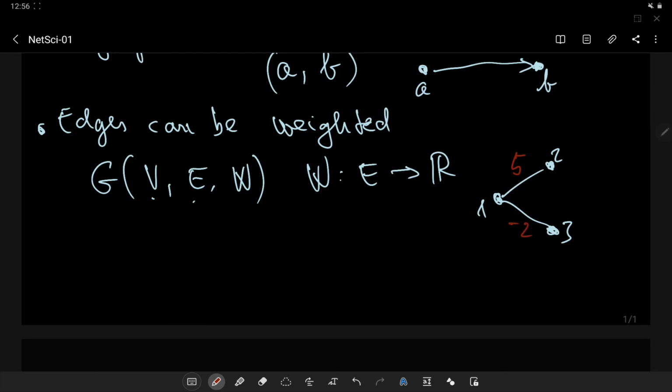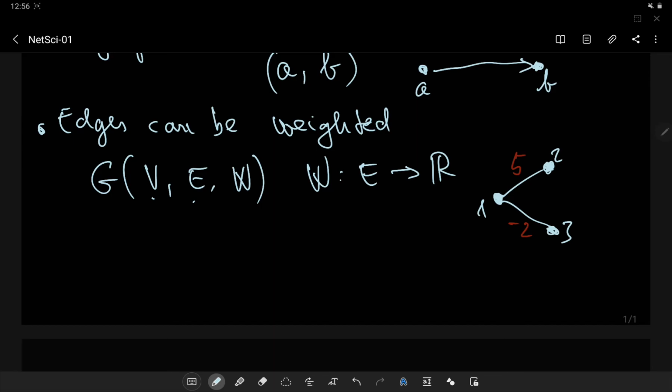Motivated by network science, a real life example: if this is a very small social network, then node 1, as a person, has a very positive relationship with node 2.